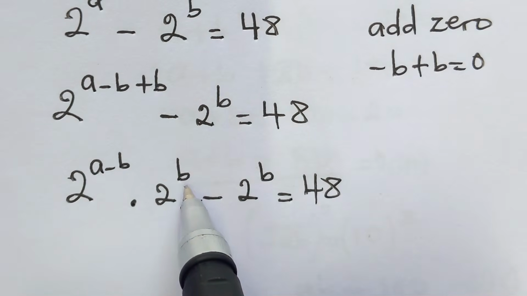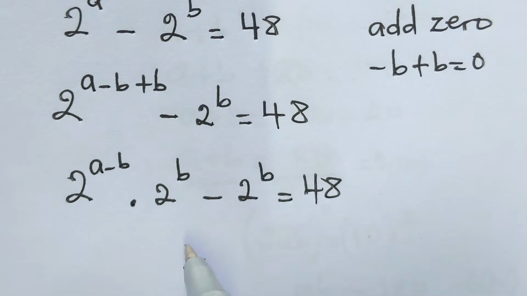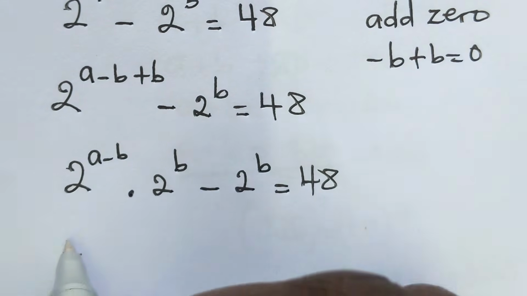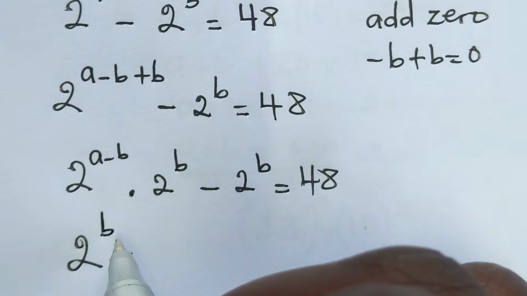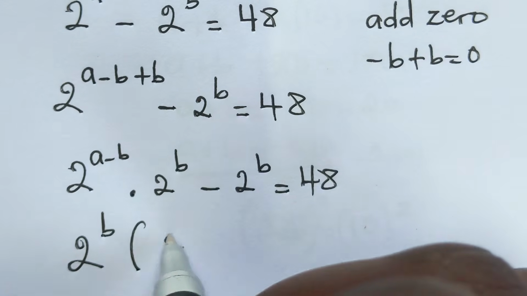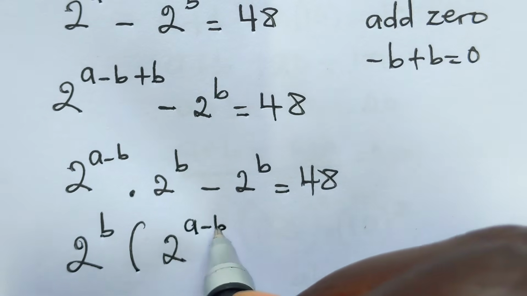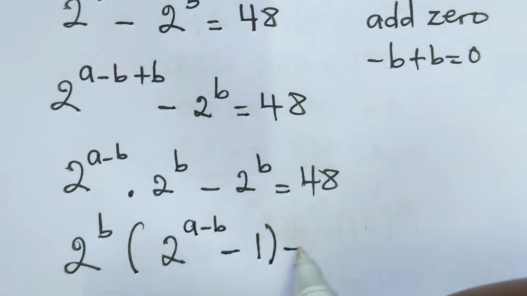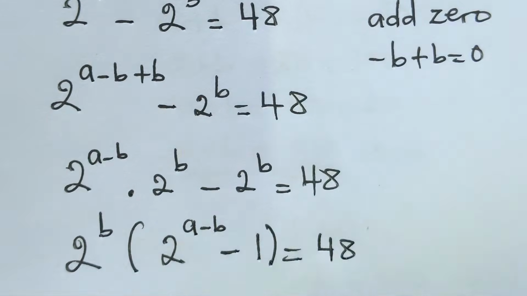Because we have 2 power b, which is common, we can factorize it outside to get 2 power b, open bracket of 2 power a minus b, then minus 1, equals 48.